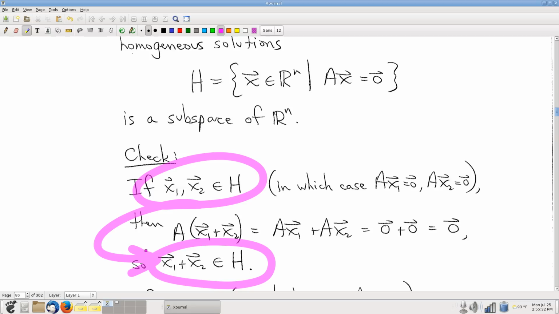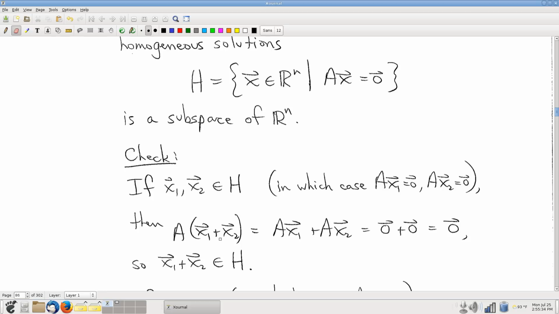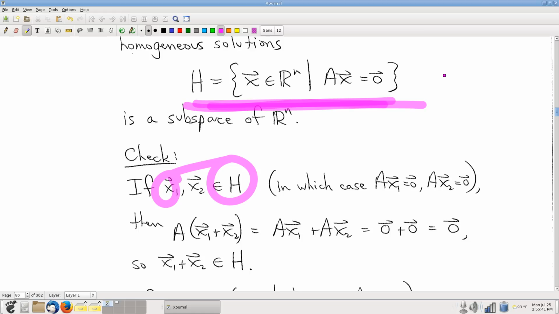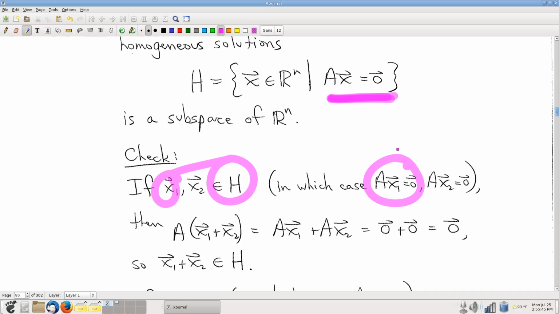So that shows that it's closed under addition. Well, x1 being in this set tells me that Ax1 is equal to 0. Similarly, x2 being in that set tells me that Ax2 is equal to 0.